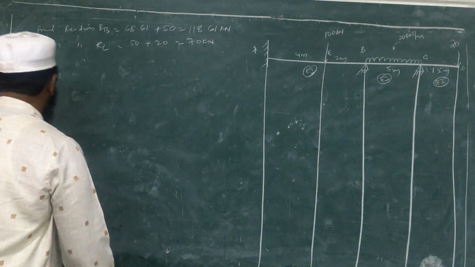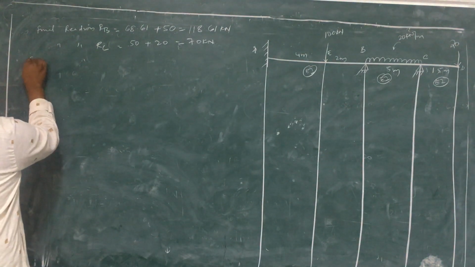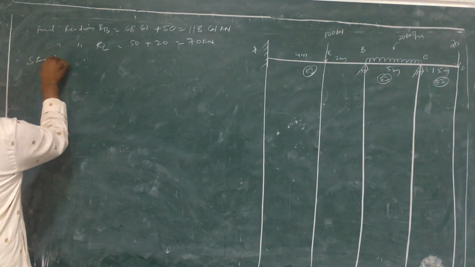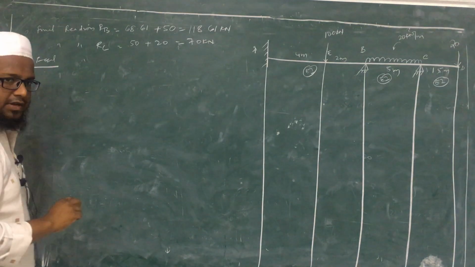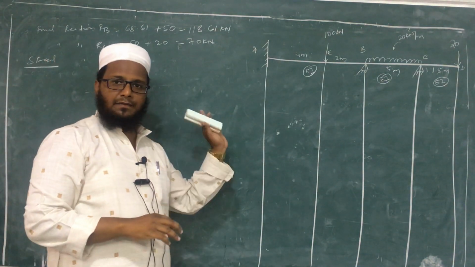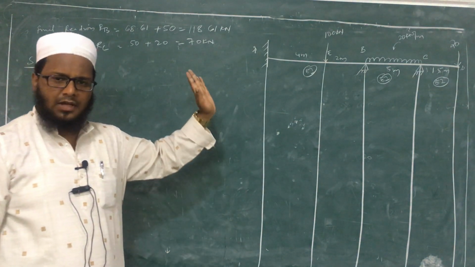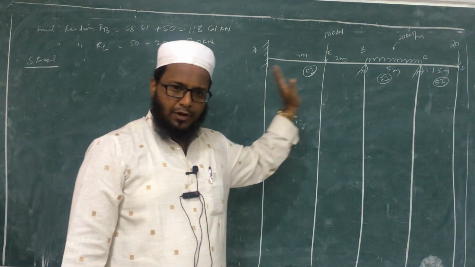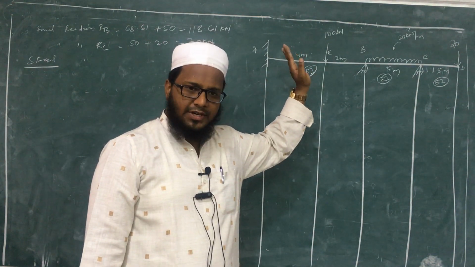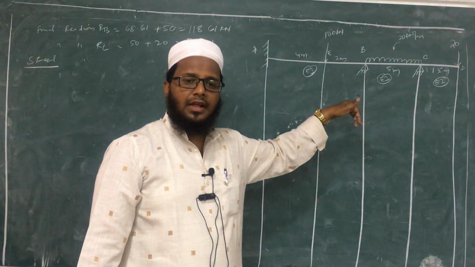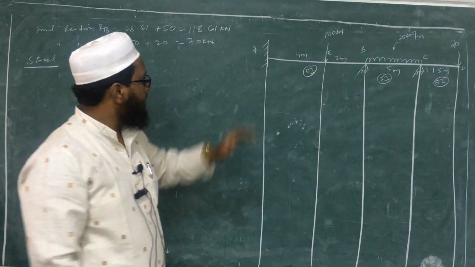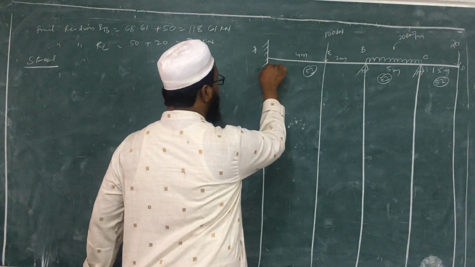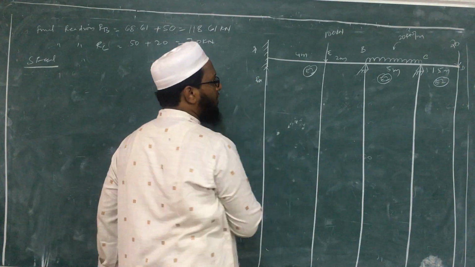Now I will start the calculation of shear force. Either you can start the calculation from left side or right side. We'll try to solve from left to right, so that upward forces will become positive and downward forces will become negative, isn't it? So since here we have RA going in upward direction.